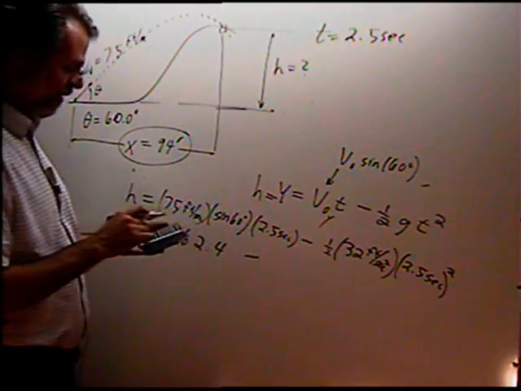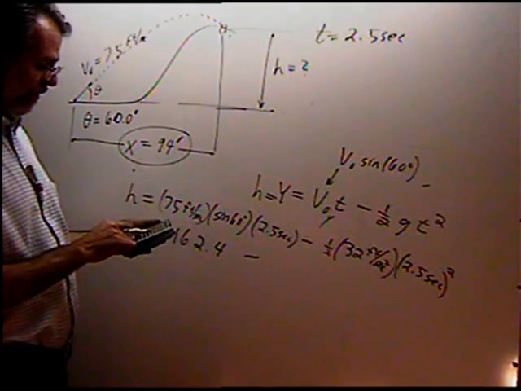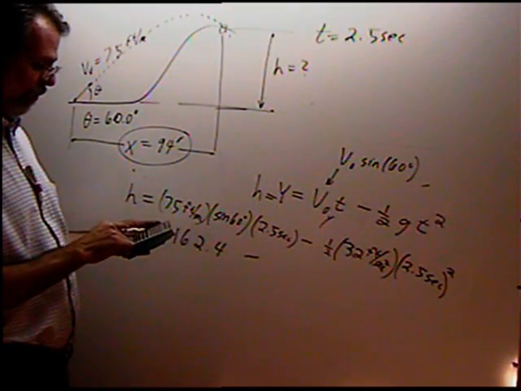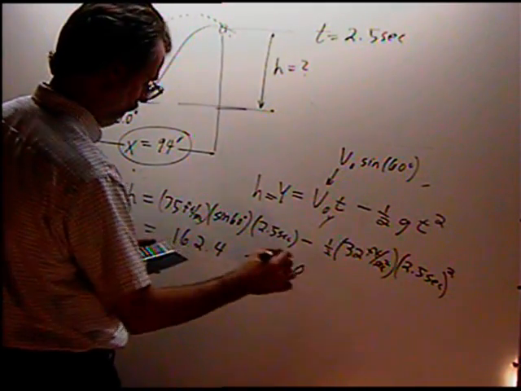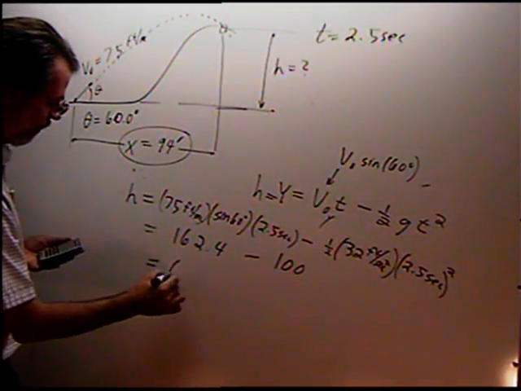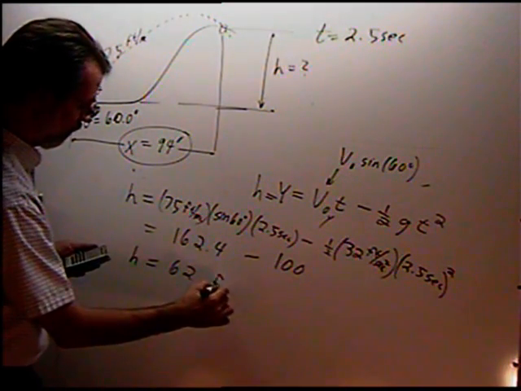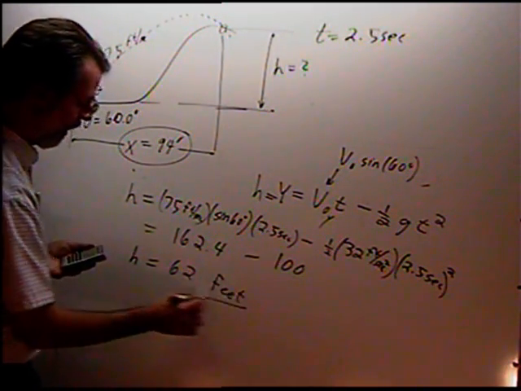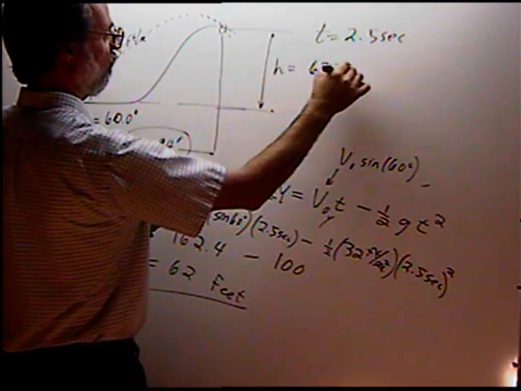They're going to calculate this. 2.5 squared times 32 times 0.5, and I subtract 100, so I get 62, rounded off to two significant figures, feet. So h here is 62 feet.